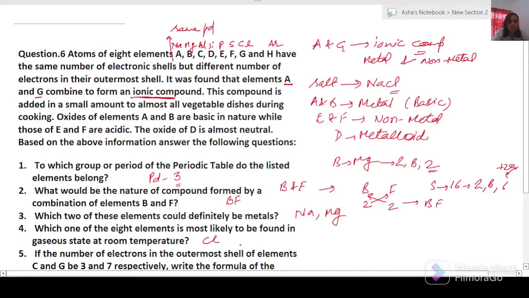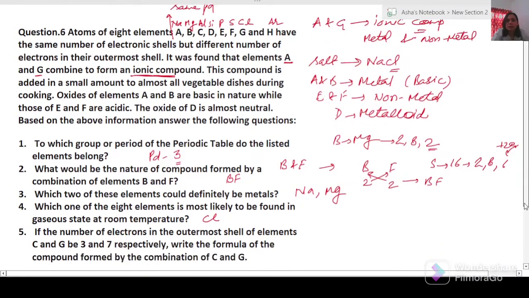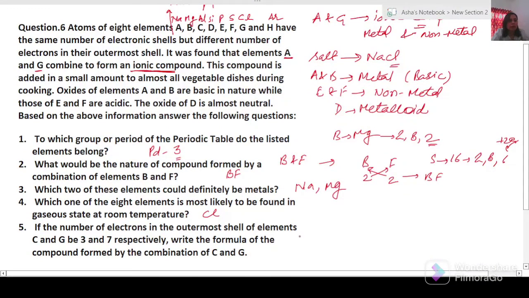If the number of electrons in the outermost shells of C and G be 3 and 7 respectively, write the formula of the compound. I think this is the question there. By the combination of C and G here, right? So if C is having 3 electrons in its outermost shell, it will be giving them, that is the valency of C will be 3.